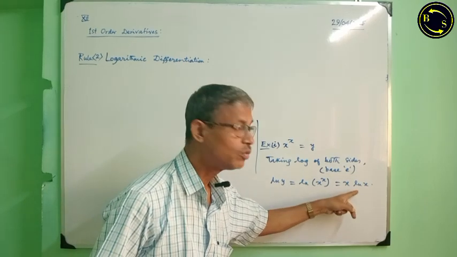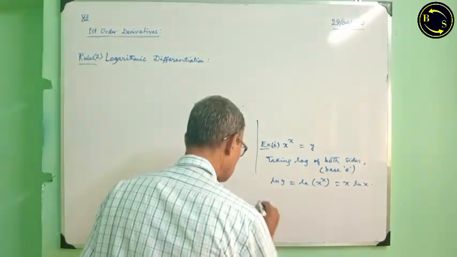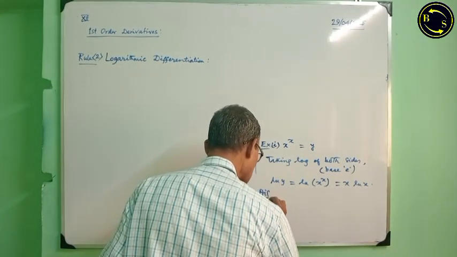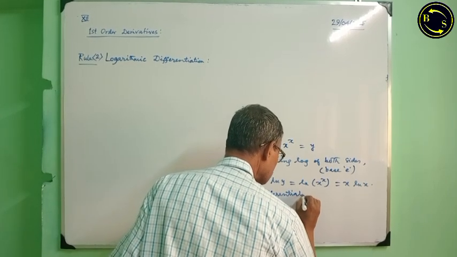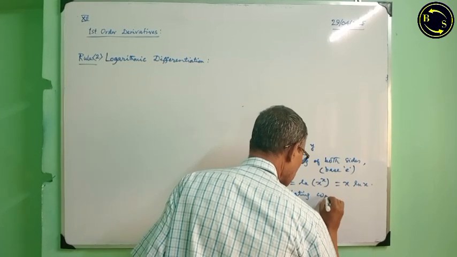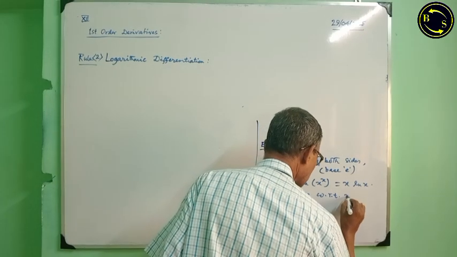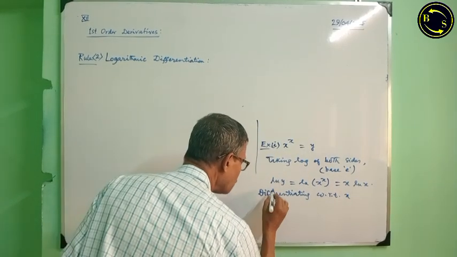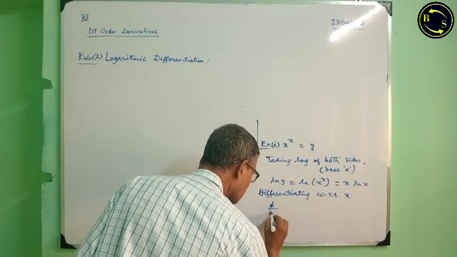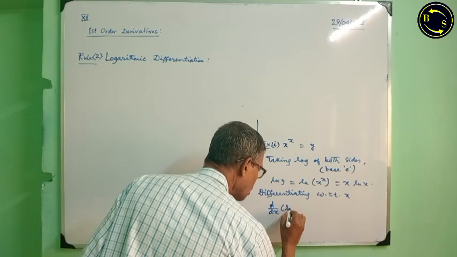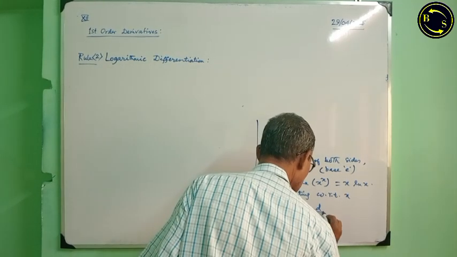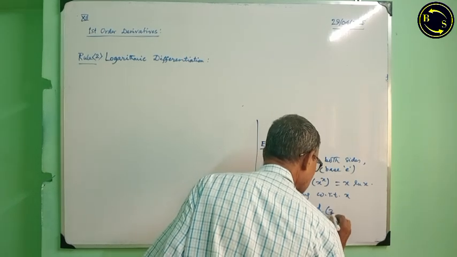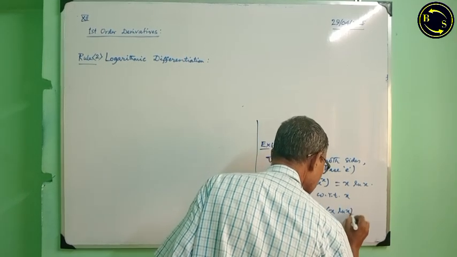Log y is equal to x log x. Then differentiating with respect to x, d/dx of log y is equal to d/dx of x log x.